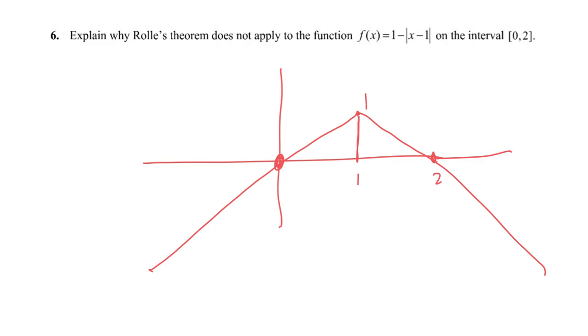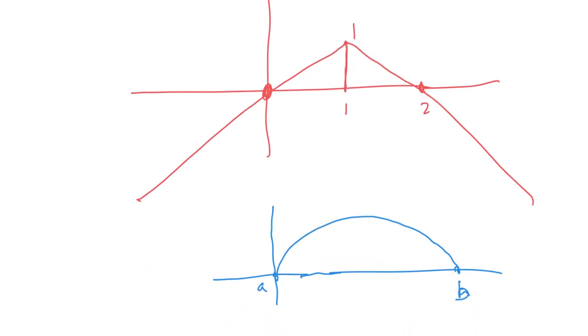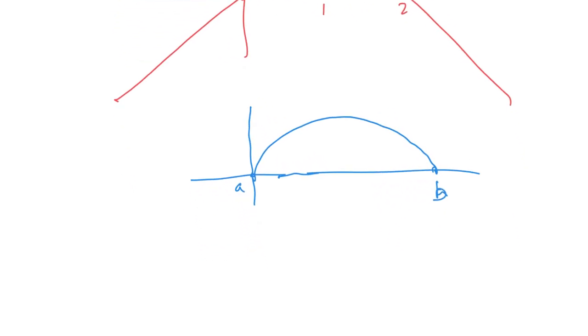To apply Rolle's theorem, it says there always exists a point c where, let's see, the slope between A and B: f of a is 0, f of b is 0.